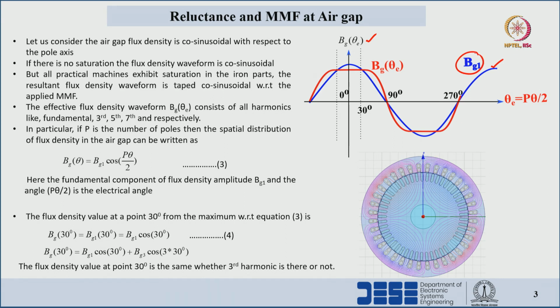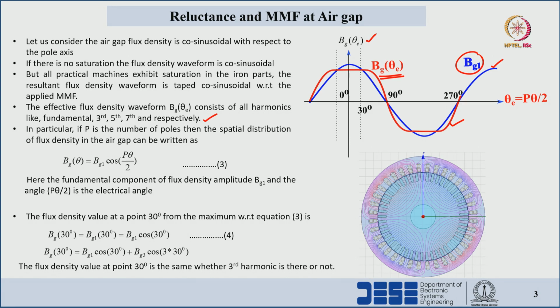But most machines exhibit non-linearity or saturation at the iron parts. Because of that, we observe the tapped red color waveform, which is the actual flux density waveform at the air gap. This consists of all types of harmonics like fundamental, third, fifth and 7th. The dominant harmonics will be third, fifth and 7th.